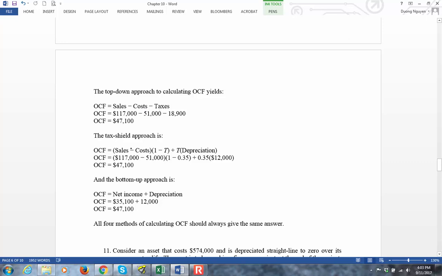Another approach is OCF equals (sales minus cost) times (1 minus tax rate) plus the depreciation tax shield, which is the tax rate times the amount of depreciation. And another one is OCF equals net income plus depreciation. So all of these should give you the same answer.